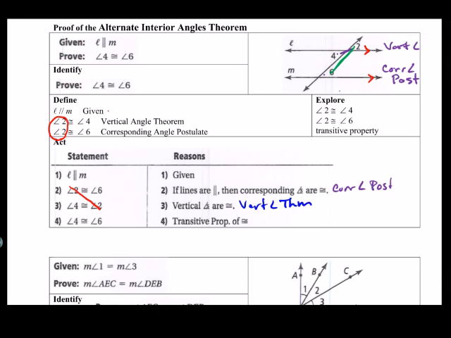We cut out the middleman, and we can say that angle 4 is congruent to angle 6 by the transitive property of congruence, and we have now proved the alternate interior angles theorem, and we can use it without doing any of these steps. This is what is so fancy about these theorems: once they are proven, you get to use them without having to do all of this.